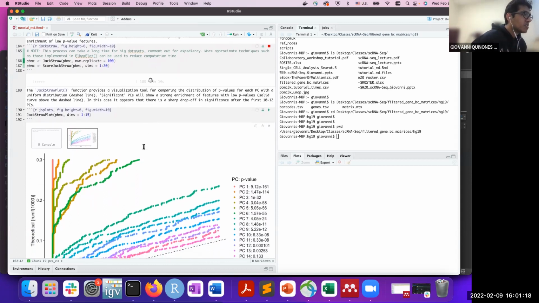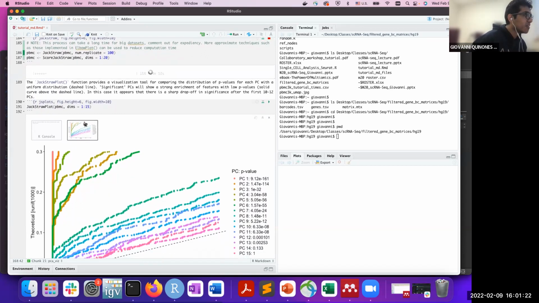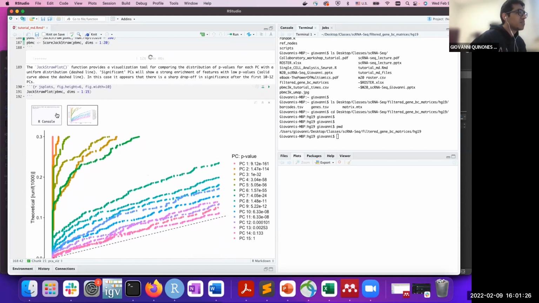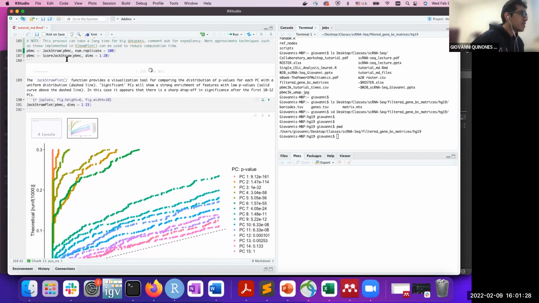And while this part is loading, I already have the plot ready for jackstraw. And I just wanted to very briefly explain what we're doing with this method.